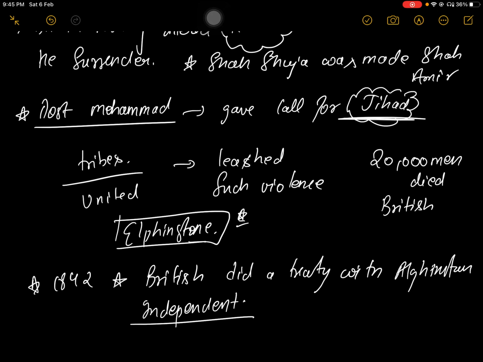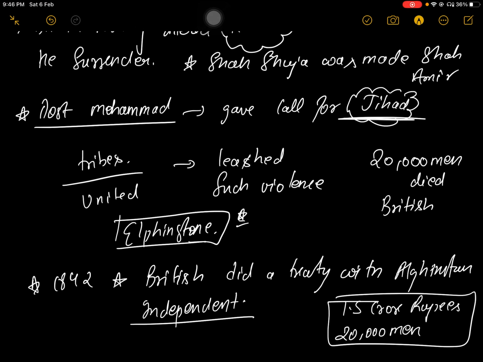But they had lost 1.5 crore rupees and of course 20,000 men. We will read the further policy which was adopted by the British and the second Anglo-Afghan war in the next session. Thank you.